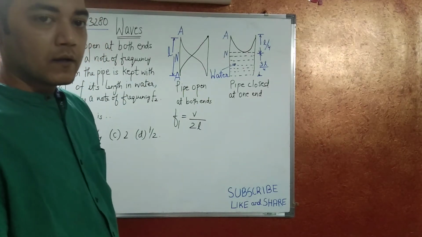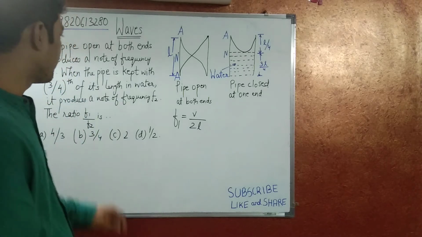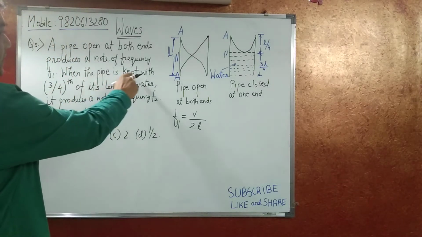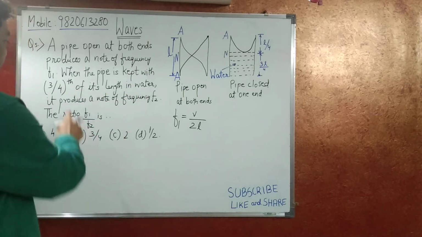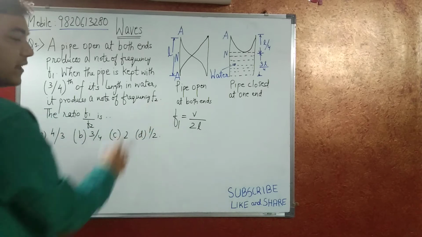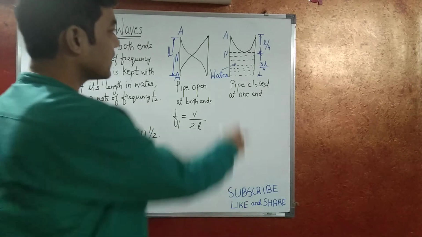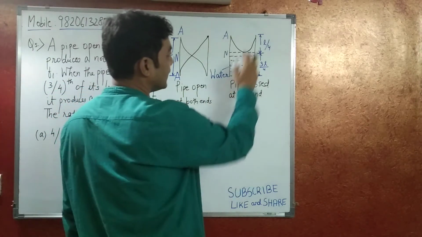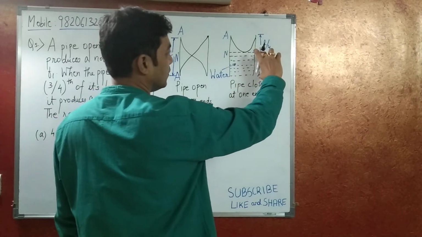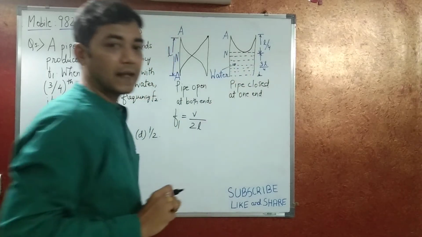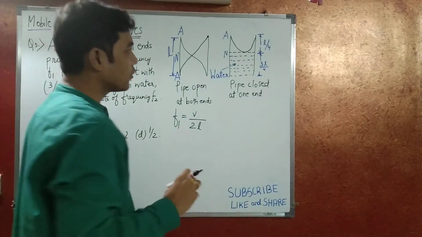Now, the second part of the question. They are saying when the pipe is kept with 3/4 of its length in water, it produces a note of frequency F2. So this is the second case. This tube is filled with water up to 3/4 of its length.